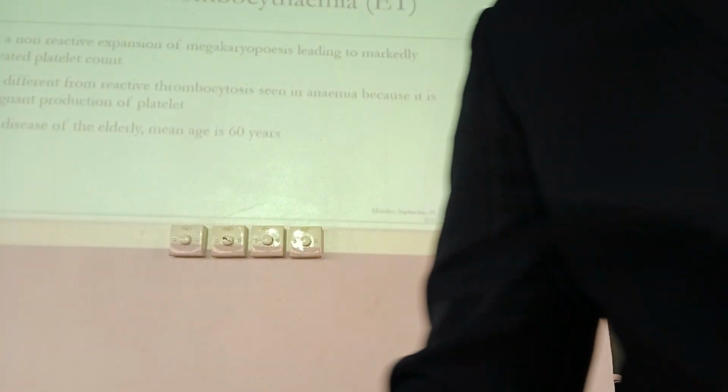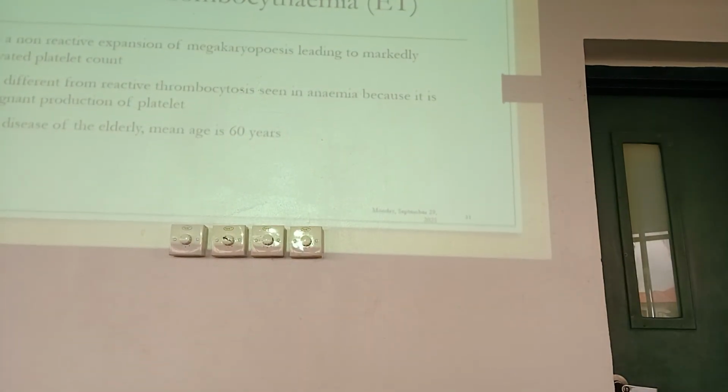Usually the platelet count in malignant is more than 600,000, unlike in reactive thrombocytosis or secondary thrombocytosis. In malignant thrombocytosis, platelet count is usually 700,000, 800,000. What's the normal platelet count?